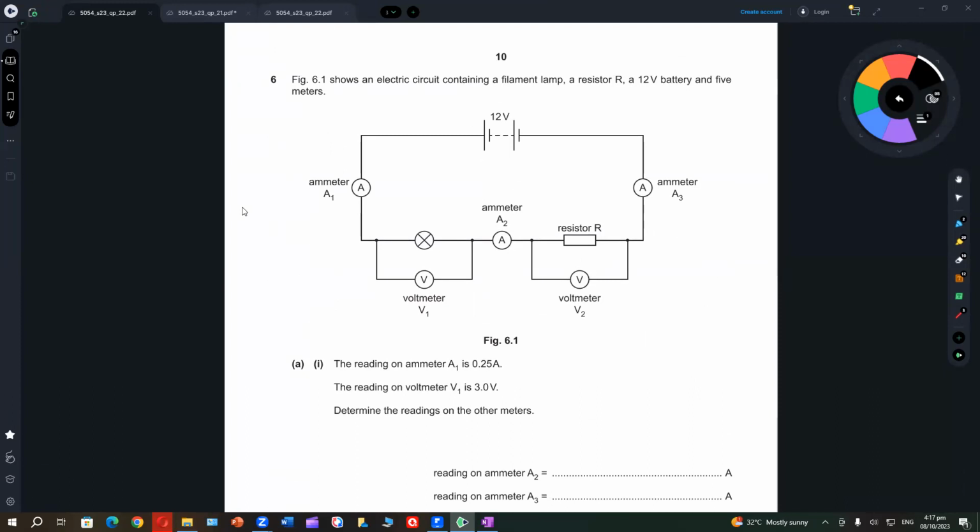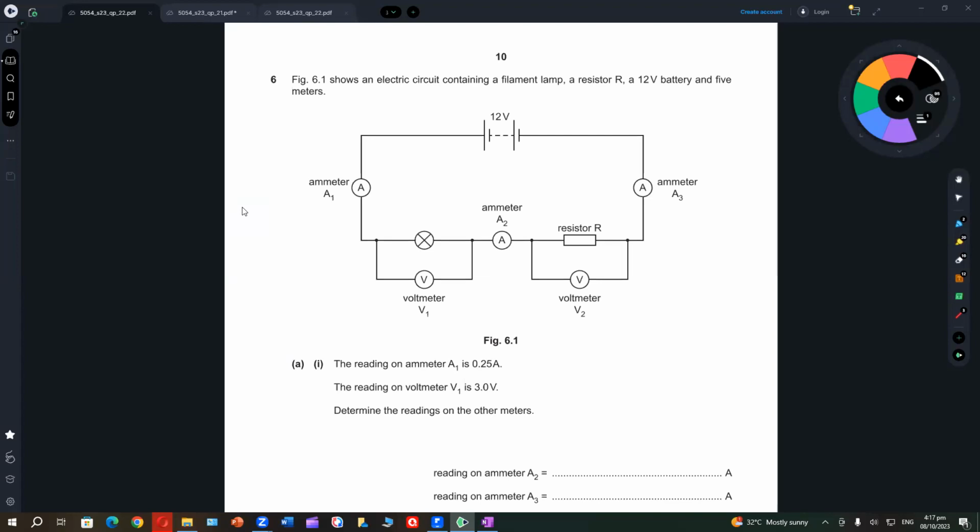Now open this question, question number 6. The figure shows an electric circuit containing a filament lamp, a resistor R, a 12-volt battery, and 3 meters. The reading on ammeter A1 is 0.25, on voltmeter V1 is 3. Determine the reading on the other meter.